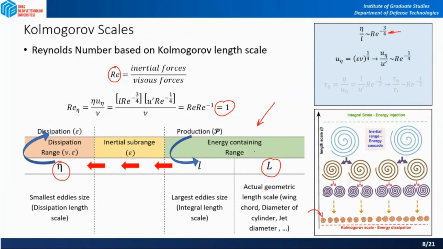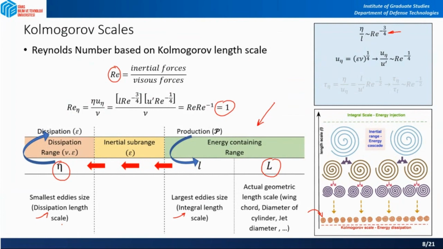In reality, the largest eddy sizes are a little bit smaller than this actual geometric length scale. So it's not going to be exactly equal to the diameter of a jet, for example. The technical words for the largest eddy size and the smallest eddy size are, as you see, the integral length scale and the dissipation length scale, respectively.